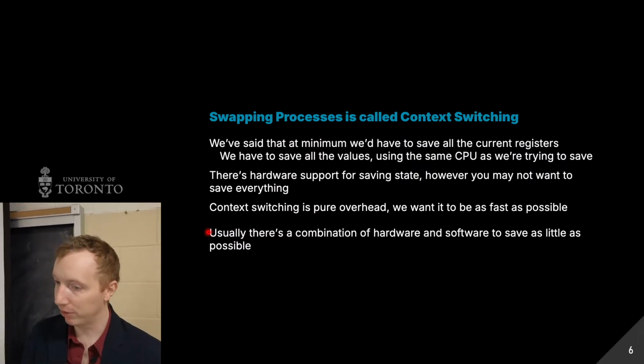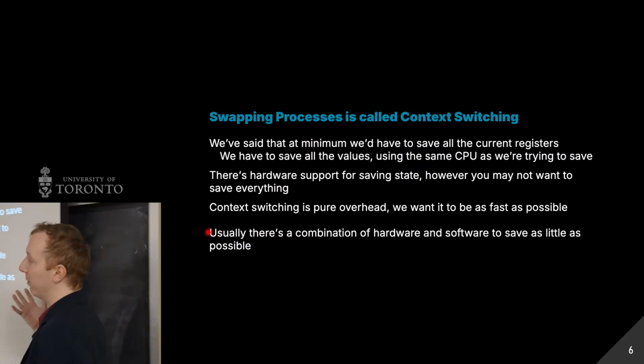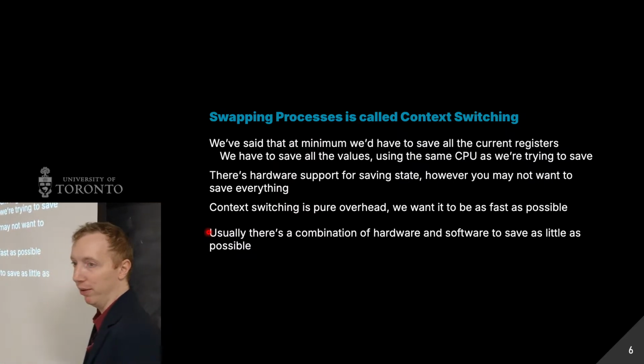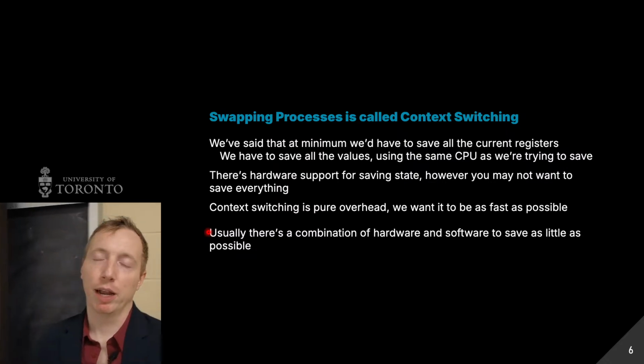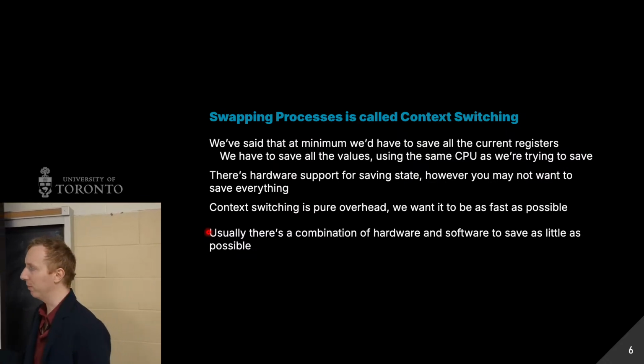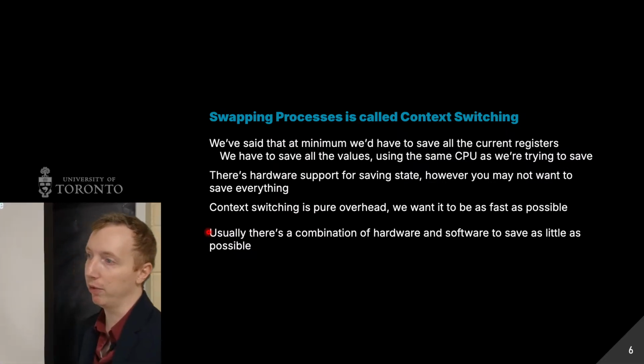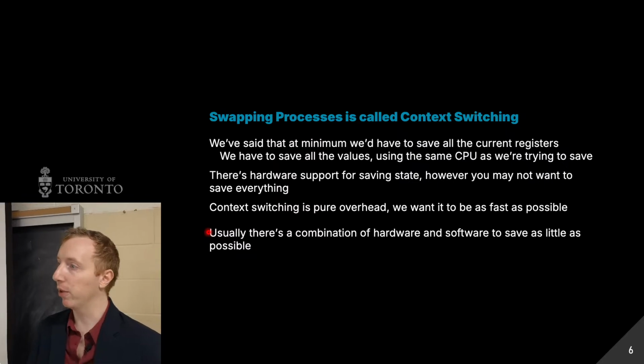So context switching is something called pure overhead. The goal of operating systems is to run our processes, right? We don't care about how long the operating system takes to do a bunch of busy work. We only care as users that our programs run as fast as possible and no other time is wasted.